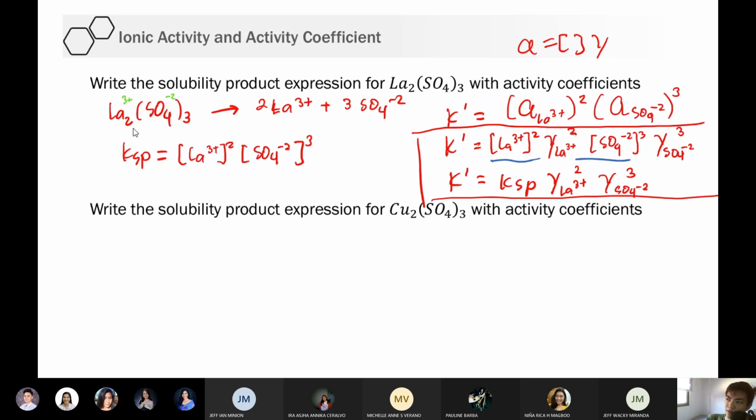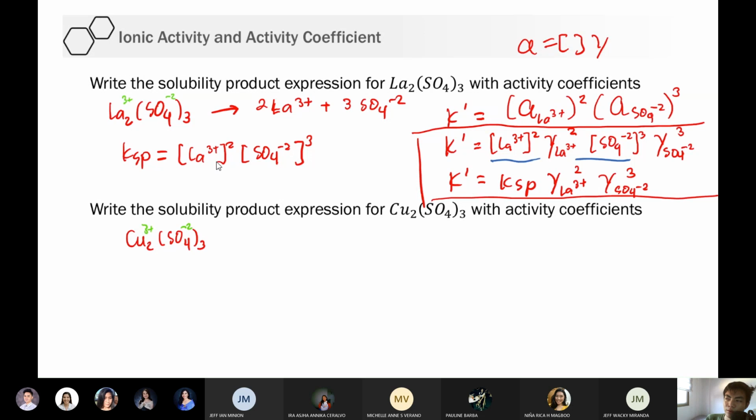So let's write the dissociation of this precipitate into ions. We have Cu2(SO4)3. If you do the reverse crisscross, you can determine the charges of your ions. This 3 came from copper, so the original charge of copper is positive 3, and for sulfate, that's negative 2.